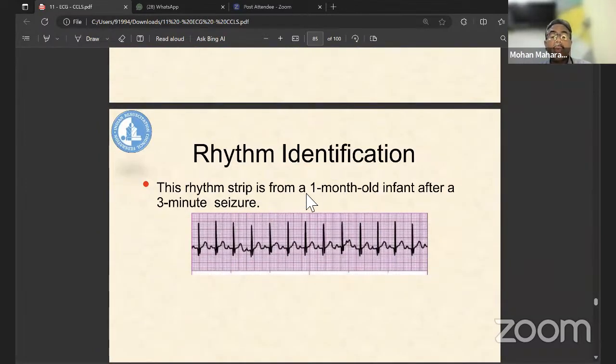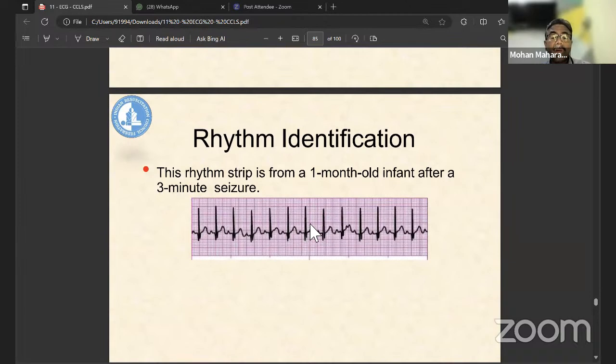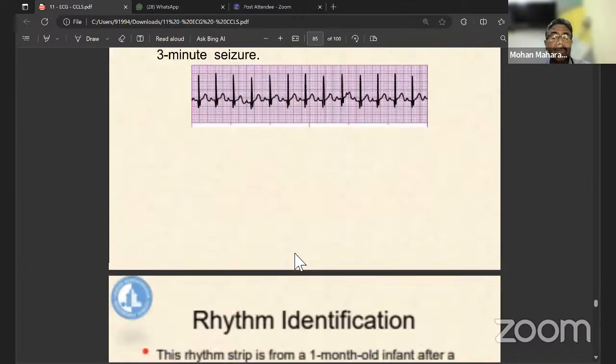This rhythm strip is of a 1 month old infant. We are talking about adult ACLS, but here it's been given, so we have to explain. After a 3 minute seizure activity, which requires 100% oxygen. So what is it? Look at all the QRS and P, PR interval, rate, rhythm.